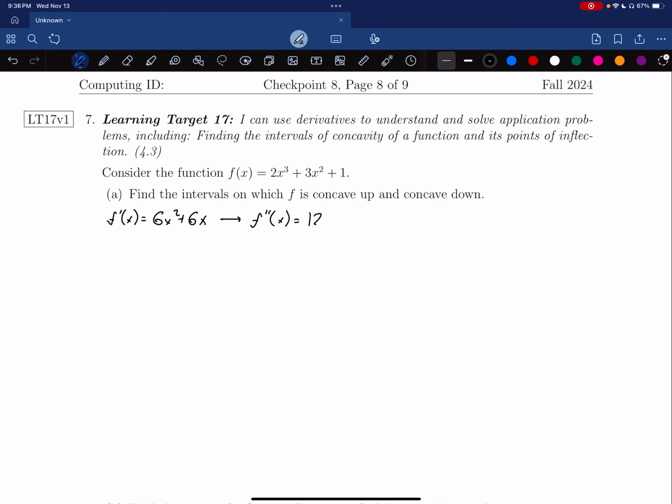That's just equal to 12x plus 6. And similar to finding the increasing and decreasing intervals of a function, we want to set this second derivative equal to 0 and solve for x. In this case, easy enough. x is going to be equal to negative 1/2. That's our possible inflection point.